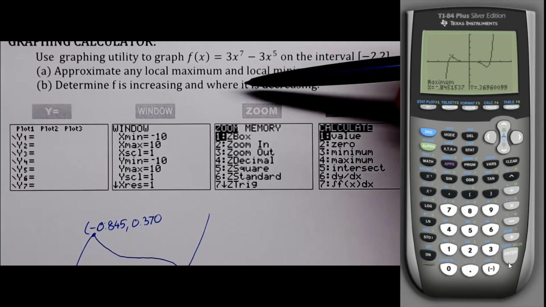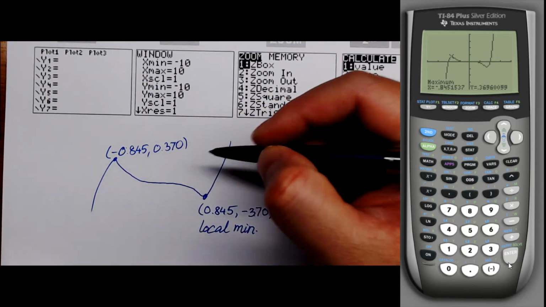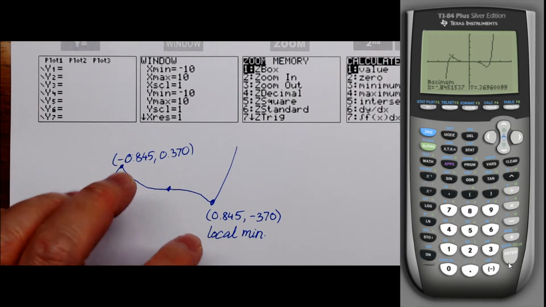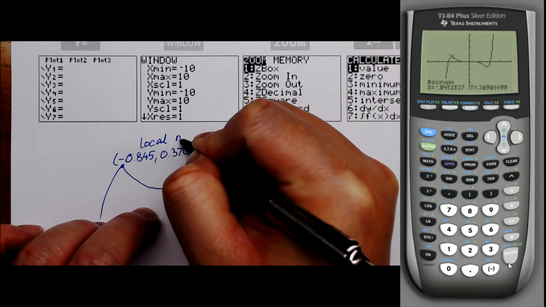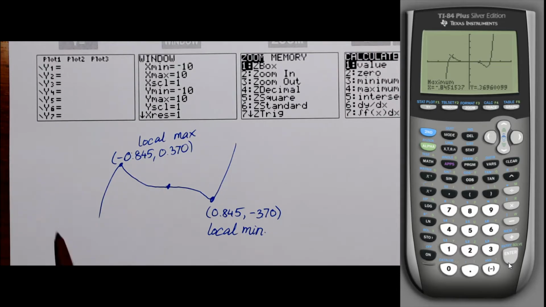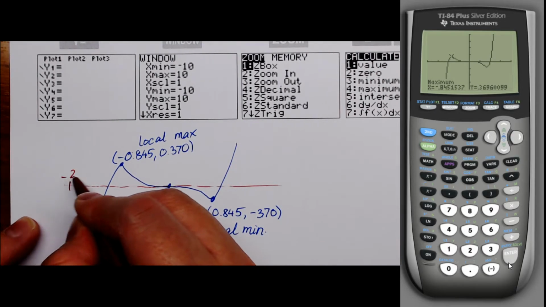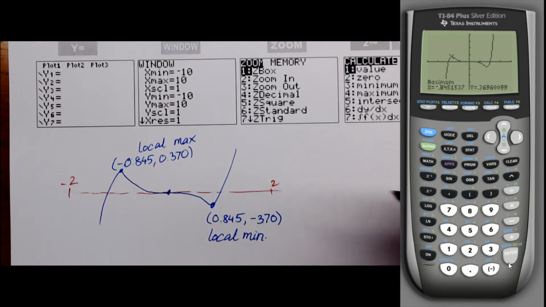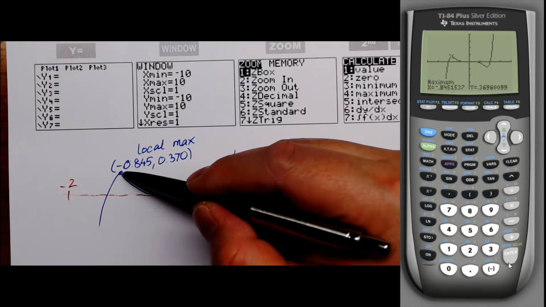We can easily see that this is an odd function, so we have symmetry about the origin. Right, so local min here, and this is local max. And we know it's bounded across: if we have the x-axis, this is negative 2 to 2. The next part of the question is where the function is increasing. It will go from negative 2 to that point.